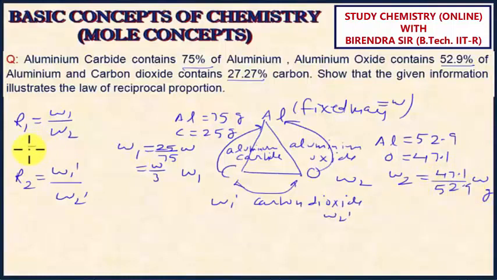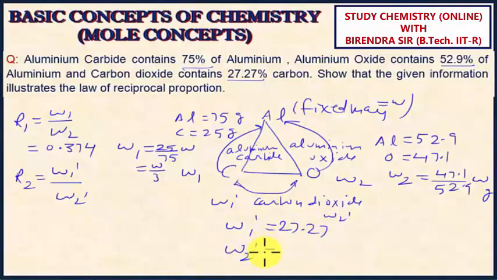So the weight of oxygen this way comes as 47.1 upon 52.9 into W. And if you find the ratio 1, that is W1 upon W2, the value comes as 0.374. Now I have to find ratio 2, for that W1 dash and W2 dash required. And this is directly given. You can see in carbon dioxide, carbon percentage is 27.27.